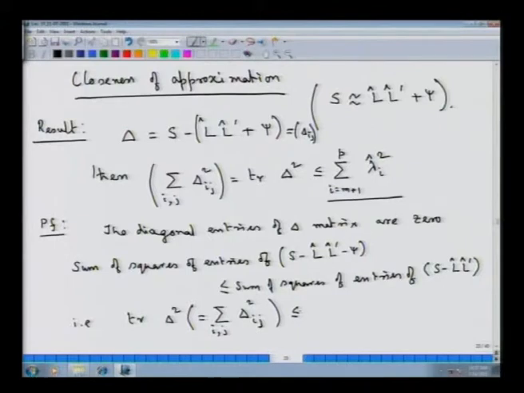So, this is less than or equal to the sum of squares of entries of the S minus L hat L hat transpose matrix. Now, we will look at what this sum of squares of entries of S minus L hat L hat transpose is, and then we will have that quantity equal to this upper bound.